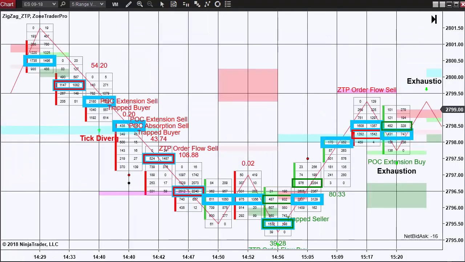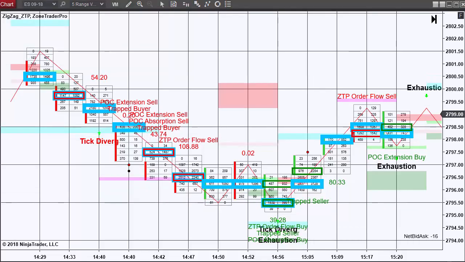On the 5 range chart, you notice all the sell signals on the way down. At the trade itself, we see a combination of 3 different ZoneTraderPro order flow pattern indications. I'm not counting the ratio as a pattern because in this case the ratio was a continuation ratio and not a stopping ratio.